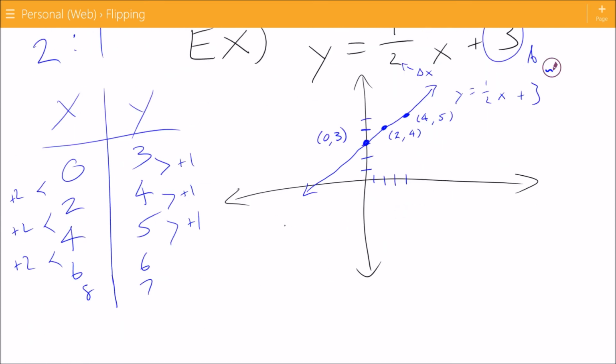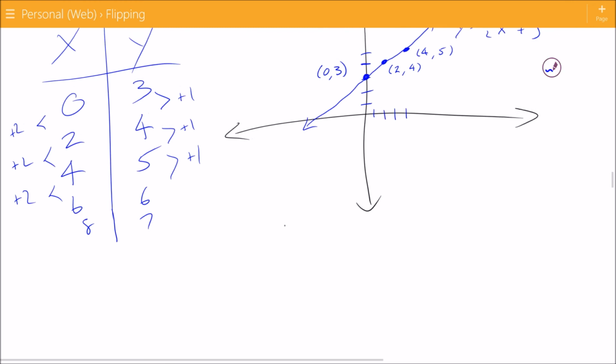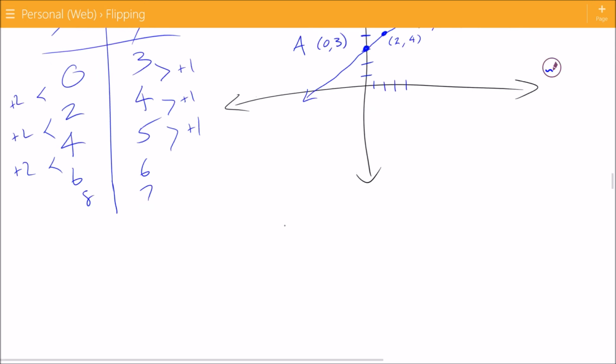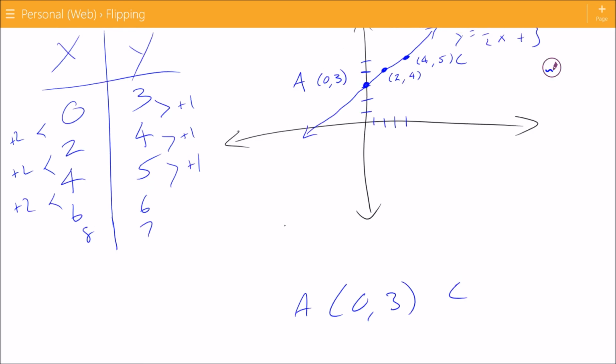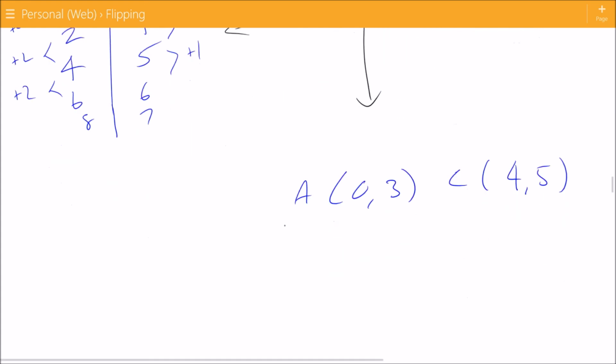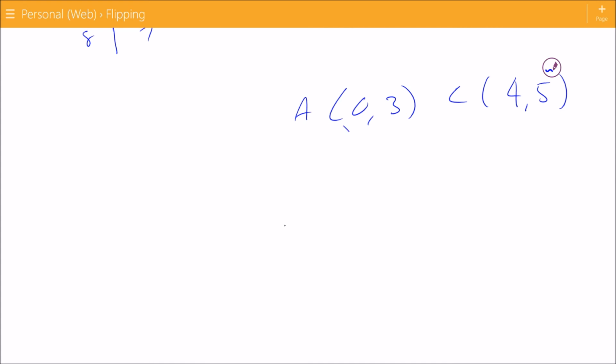Okay, if I looked at these two points, let's make this point A, and let's make this point C. If I have point A, which is (0, 3), and point C, which is (4, 5), this would be my x1, y1, x2, y2.